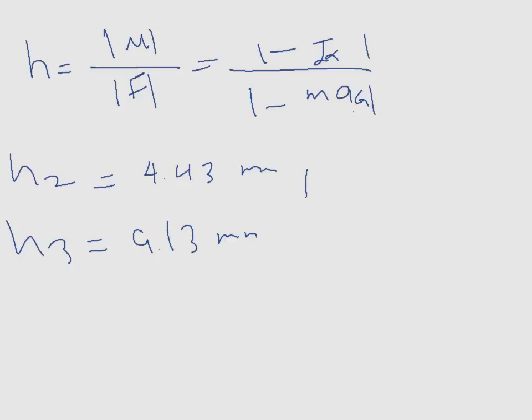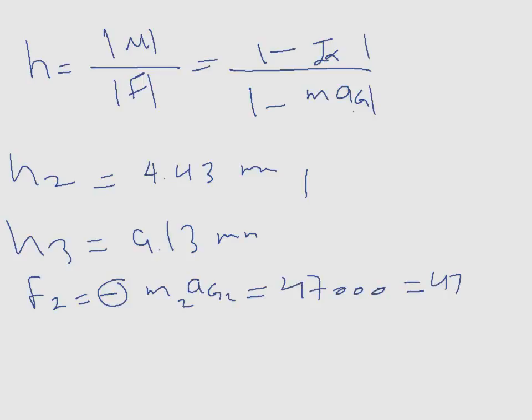And if I calculate the force, never mind whether you put in the minus or not. Mass times AG2, you know the magnitude, gives you 47,000. I will take it as 47 to decrease the scale, which will be easier for the drawing.